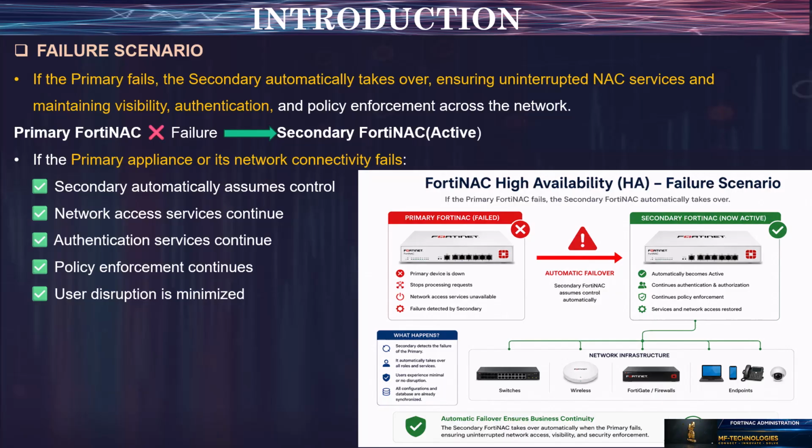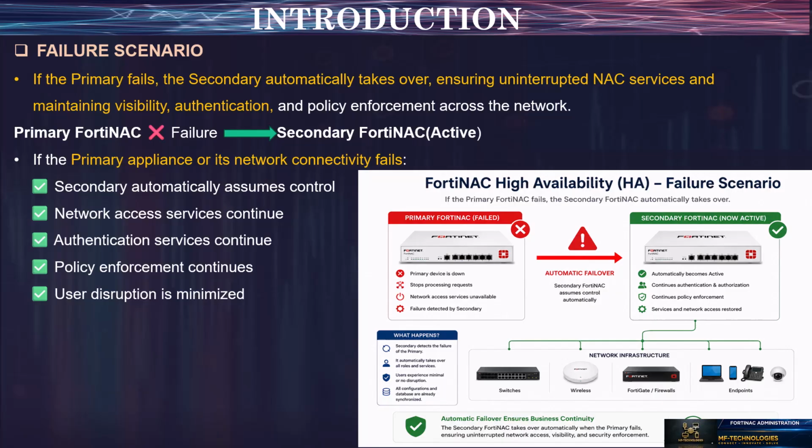With high availability enabled, the situation is very different. The secondary server continuously monitors the health of the primary server. If it detects the primary server is no longer available, it automatically assumes the active role, which is known as failover. Because the secondary server has already received synchronized configuration files, endpoint information, user data, and policies, it can immediately continue performing the same service.